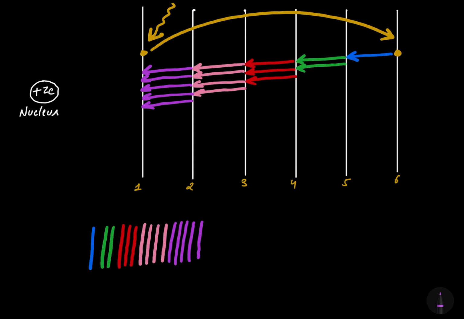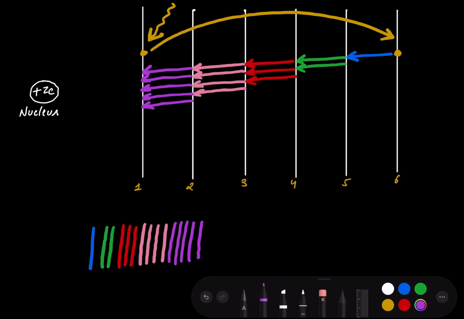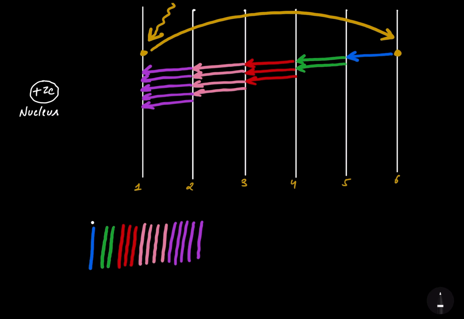So now let's count the number of spectral lines. You got 1, 2, 3, 4, 5, 6, 7, 8, 9, 10, 11, 12, 13, 14, 15. In total, the electron has emitted 15 photons while coming from 6th orbit to the 1st orbit, and you got the 15 spectral lines.